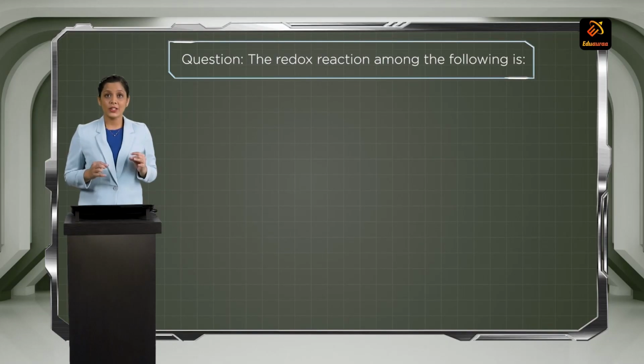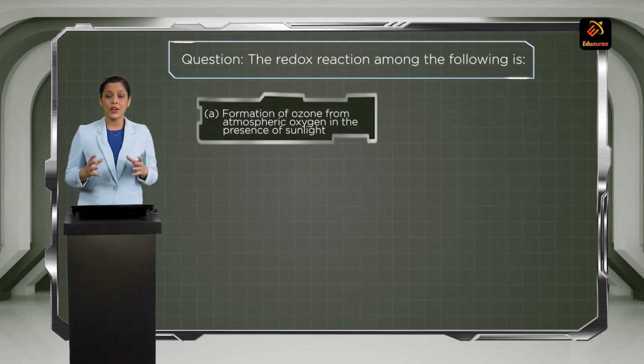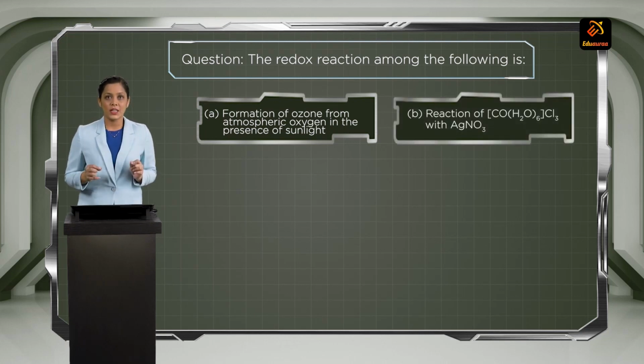Now the next question. The redox reaction among the following is: option A, formation of ozone from atmospheric oxygen in the presence of sunlight. Option B, reaction of hexa-aqua cobalt 3 chloride with AgNO3, that is silver nitrate.